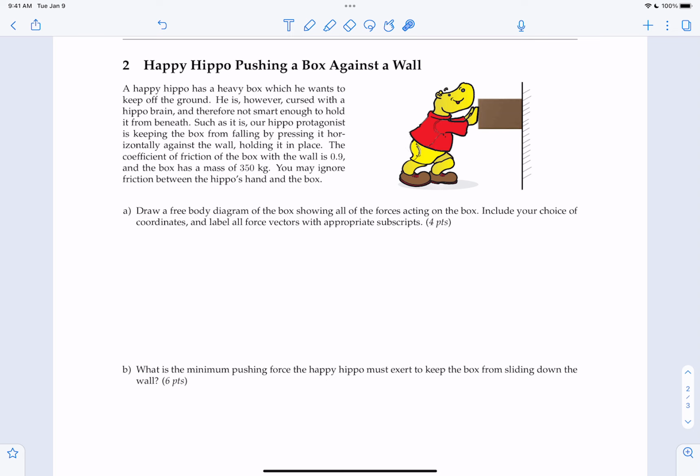Poor hippo. This is like the Walmart version of Winnie the Pooh, but hippo style, I guess. I think they had one like this on one of our quizzes.